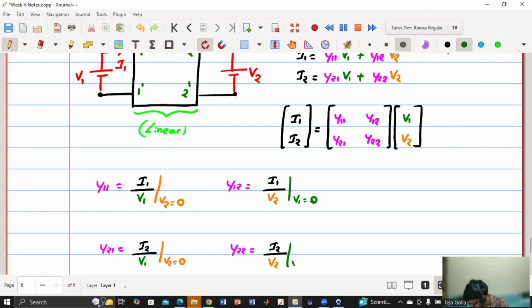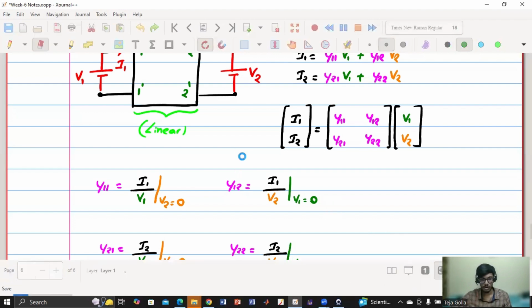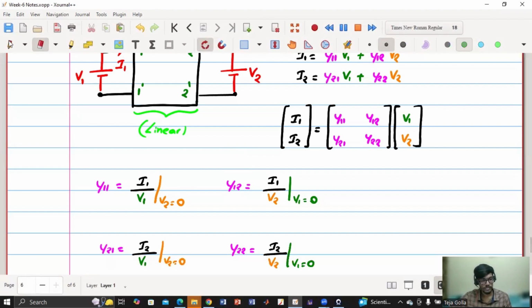So this is the overall concept behind this and how we should be solving this. So is this part clear? How we'll be getting these parameters or do you have any doubts? Yes, sir. Yeah.